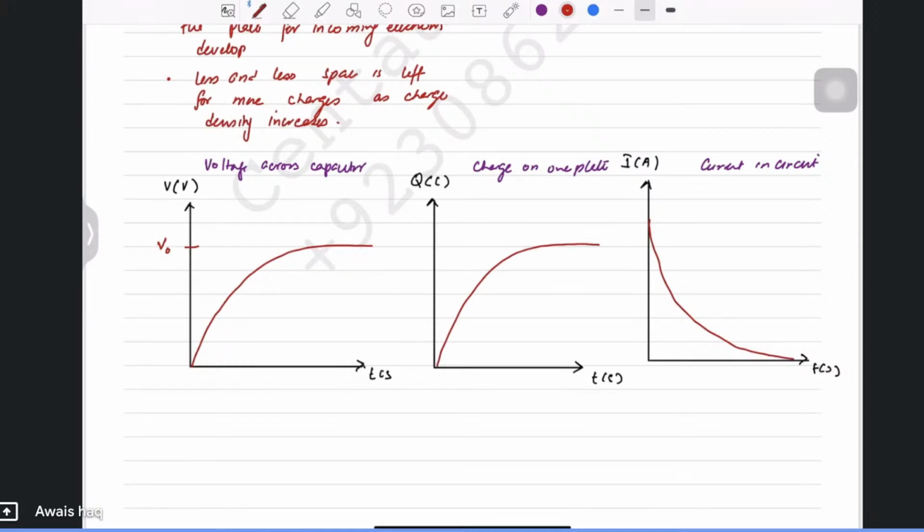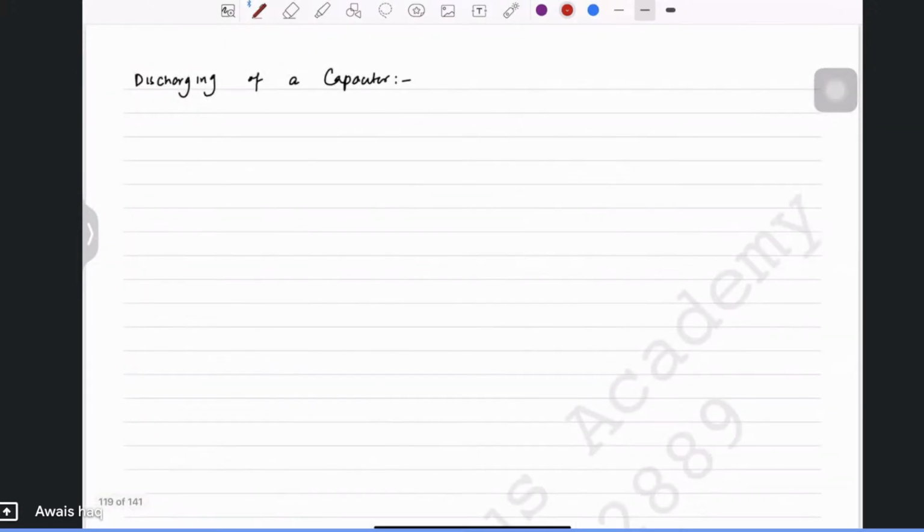So then what you need to understand is that the same thing would happen if we switch to discharging.